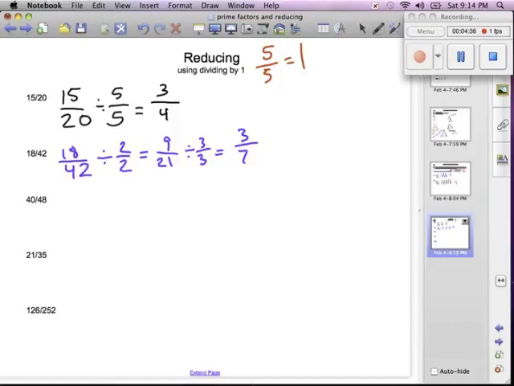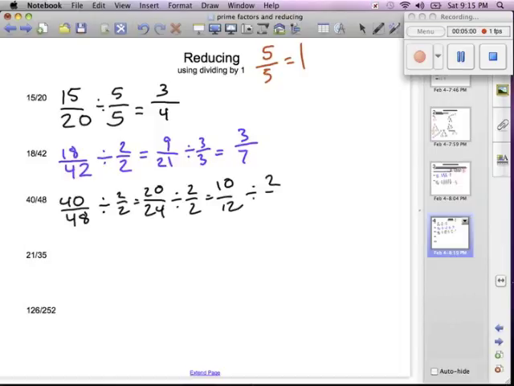40 over 48 is another good example of just starting with 2 because they're both even. But you have a lot of choices here. We can divide by 2 again. And we can divide by 2 again.